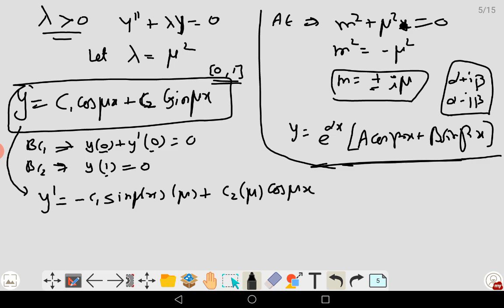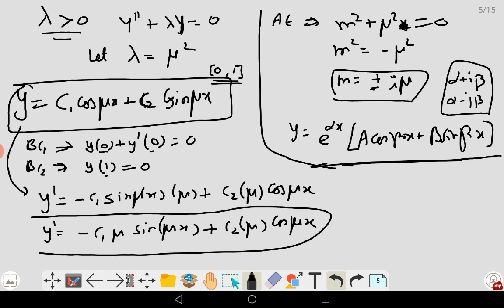Therefore y prime is minus c1 mu sin mu x plus c2 mu cosine mu x.